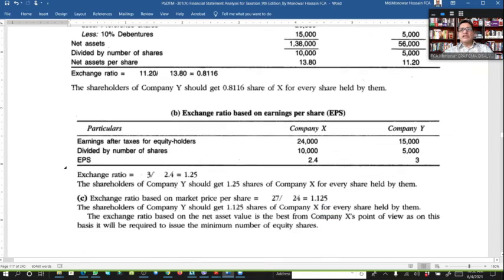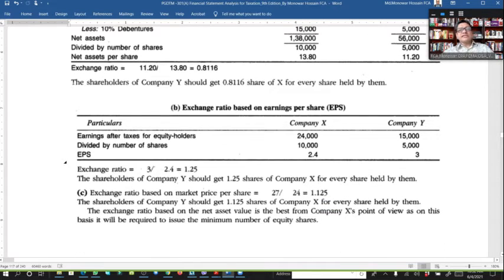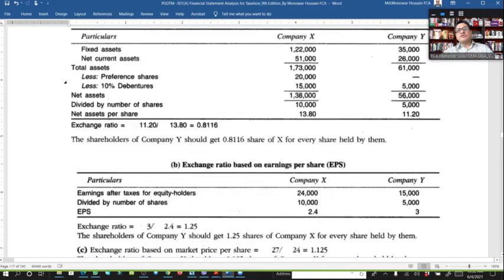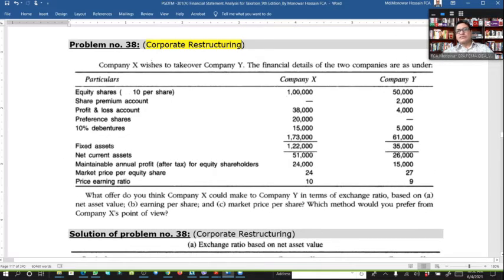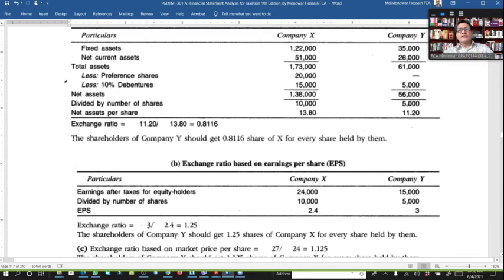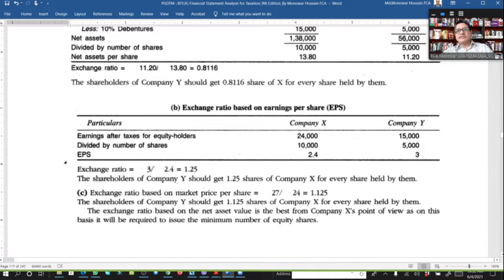Now another one, EPS. Earning per share for the equity holder, here 24,000, here 15,000. If we divide by the number of shares we calculated, 10,000 and 5,000, then 24,000 divided by 10,000 gives EPS 2.4. That means earning per share of company X is 2.4, and earning per share of company Y is taka 3.